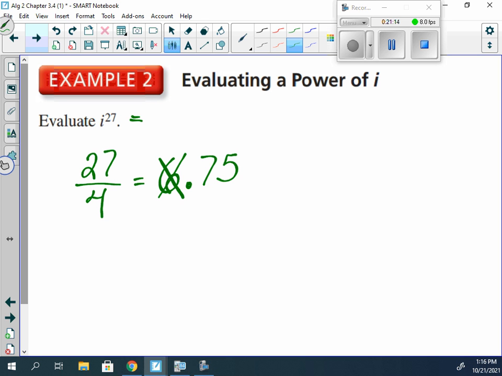Now, we don't care about the 6 because the 6 is not important. What we want to look at is the 0.75. So which one did 0.75 line up with? So i to the 27th simplifies down to negative i.